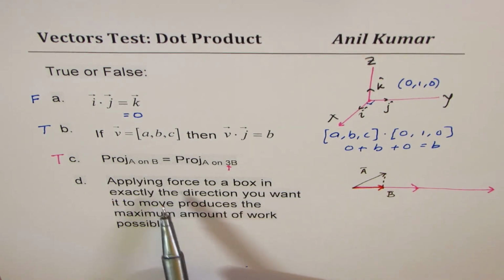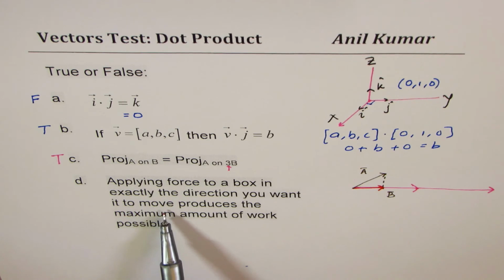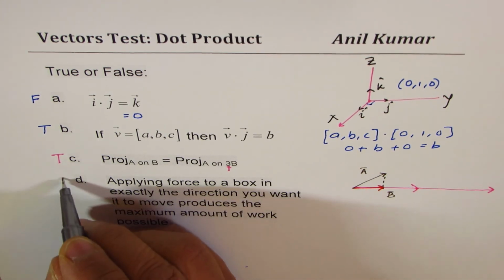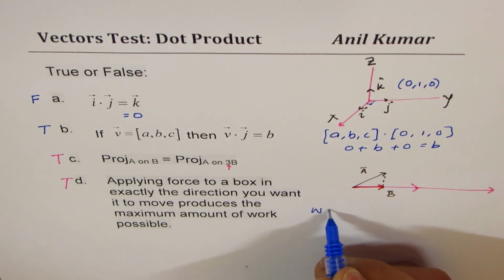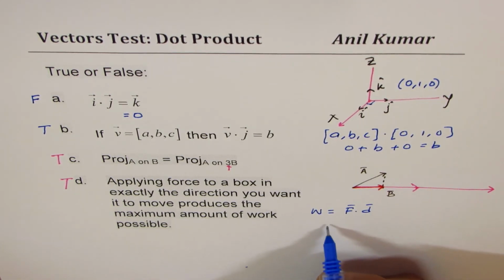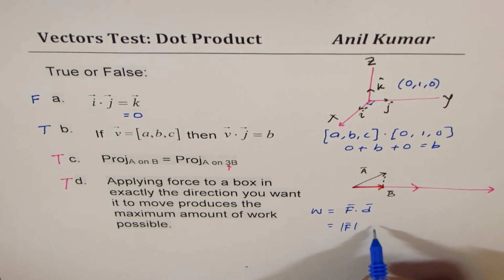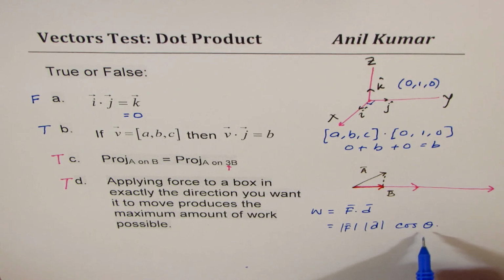Part D is, applying force to a box in exactly the direction you want it to move produces the maximum amount of work possible. Well, the answer, as you know, is true, since work done is the dot product between force and displacement, right? So it is equal to magnitude of force times magnitude of displacement times cos of the angle between them.